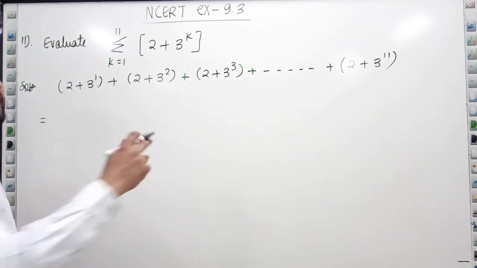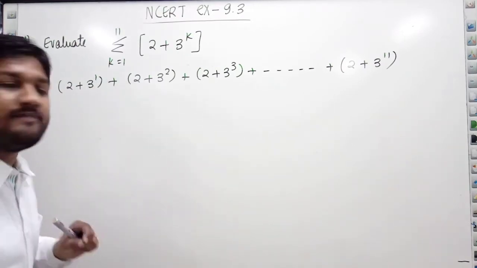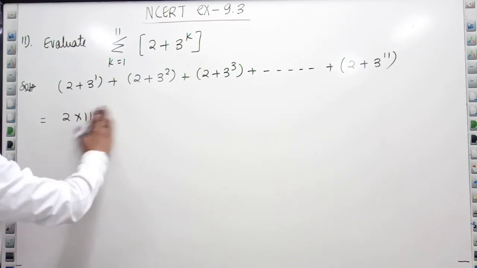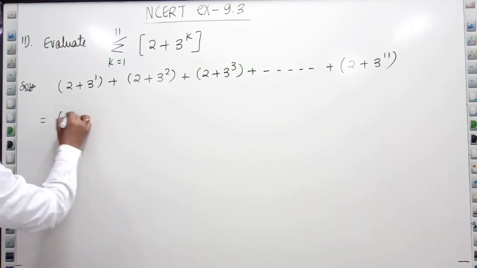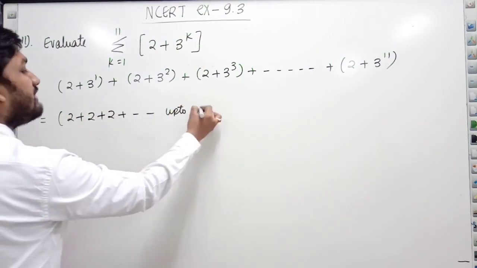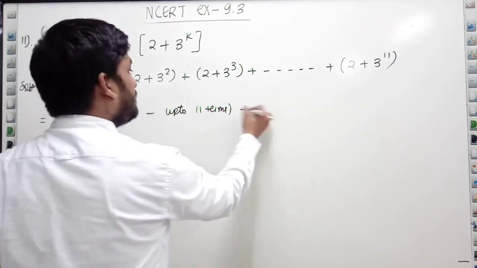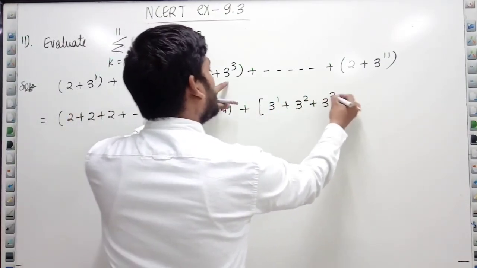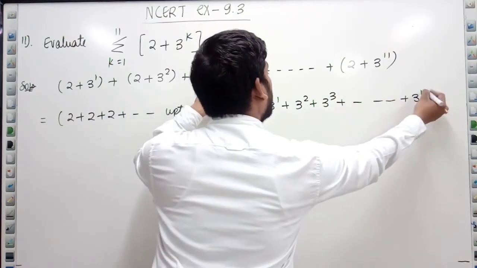If you add 2 eleven times, it will be 2 into 11 plus, or I can write in steps if you want: 2 plus 2 plus 2 up to 11 terms, plus 3 to the power 1, 3 to the power 2, 3 to the power 3, up to 3 to the power 11.